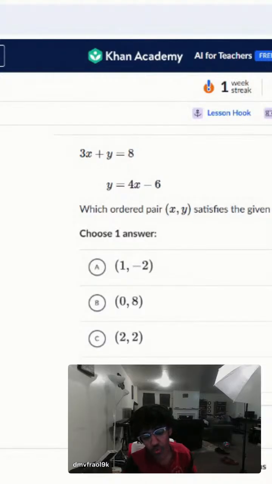And then we do, I think, negative 6 minus negative 6, 8 minus 6.